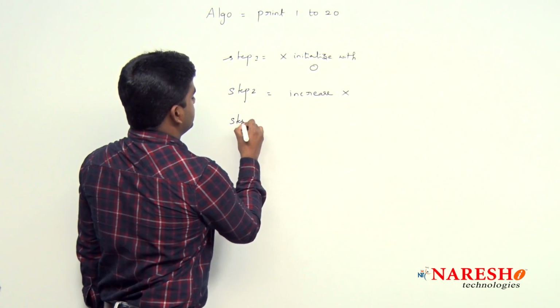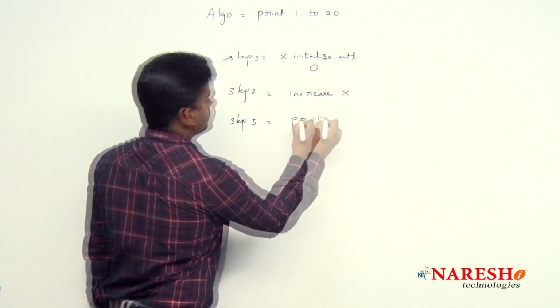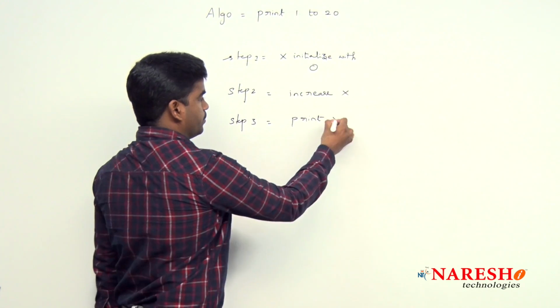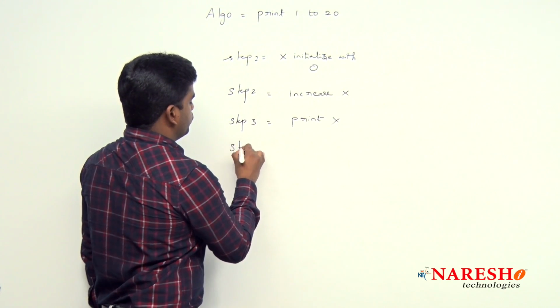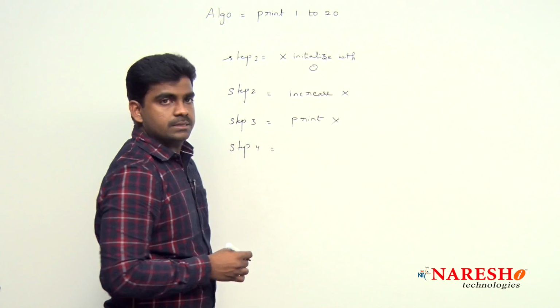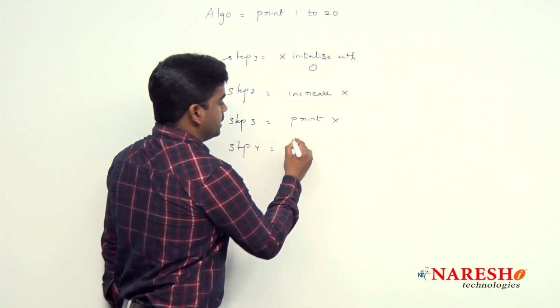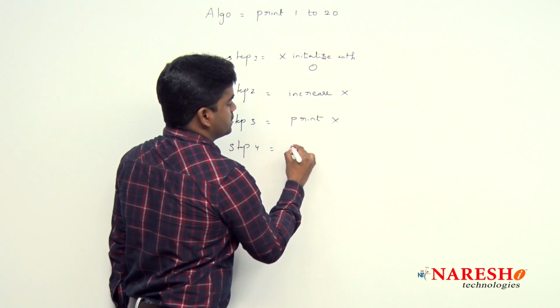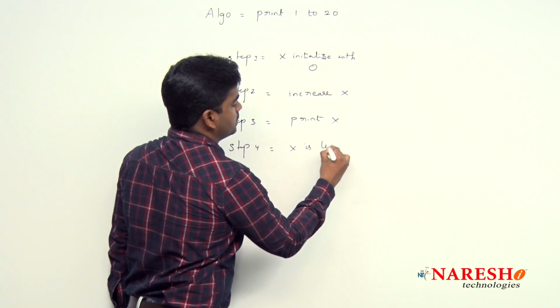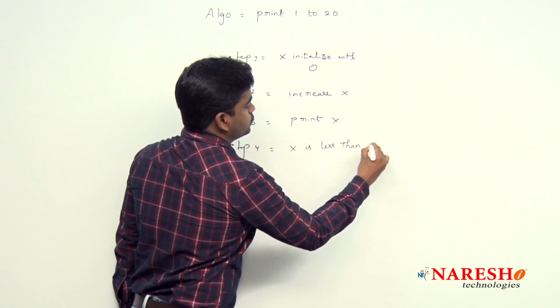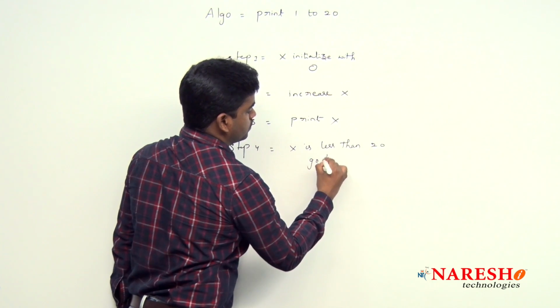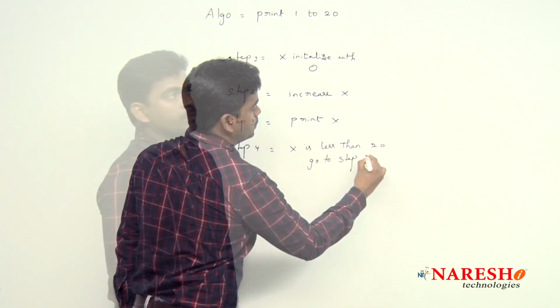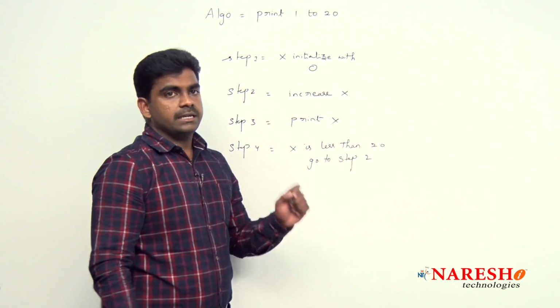Step 3 is printing the x value. Step 4, after printing, check whether the value reaches 20 or not. Suppose if the x value is less than 20, go to step 2. The same thing, how are we representing it with a flowchart?